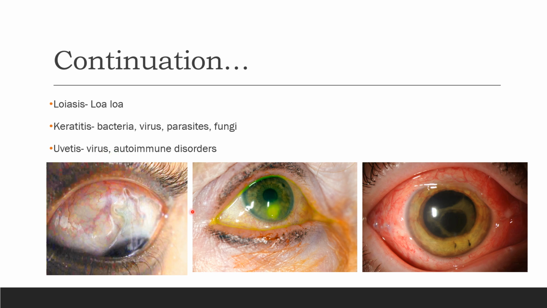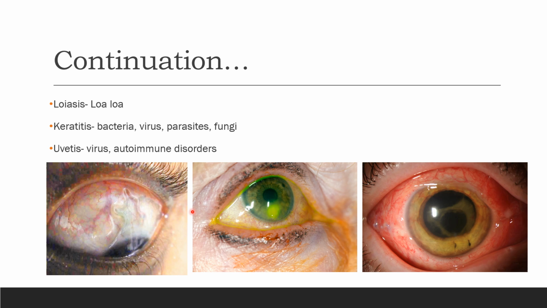Next is keratitis. The causative agent can be bacteria, viruses, parasites, or fungi. Bacteria that cause it include Pseudomonas and Staphylococcus. Viruses include herpes simplex and zoster, and among parasites, Acanthamoeba and Naegleria.